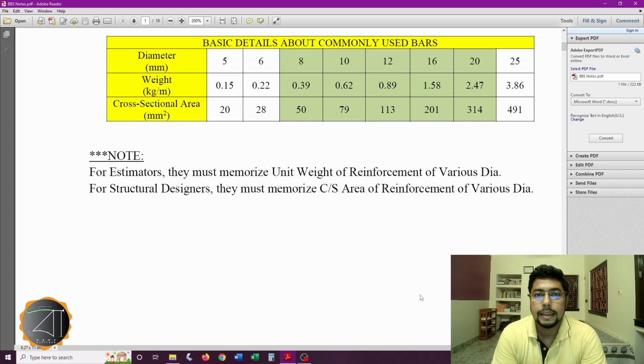So, from the structural engineering point of view, we must concentrate on only one fact: in a particular position of a structural member, how much area of cross section of reinforcement we must provide for that particular function for which we are using the reinforcement.